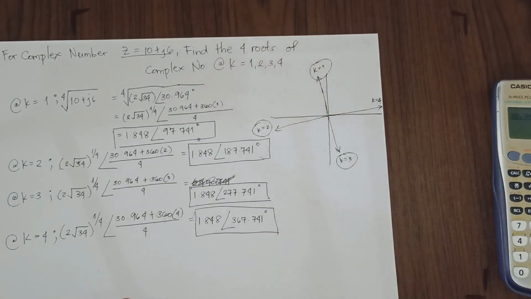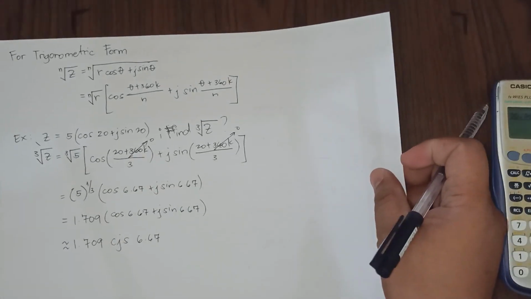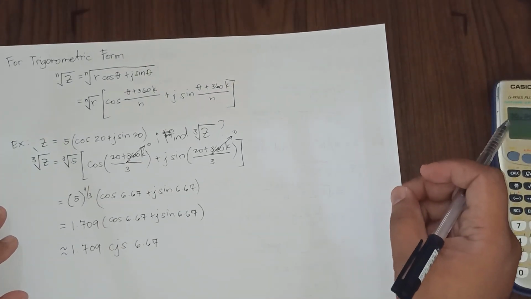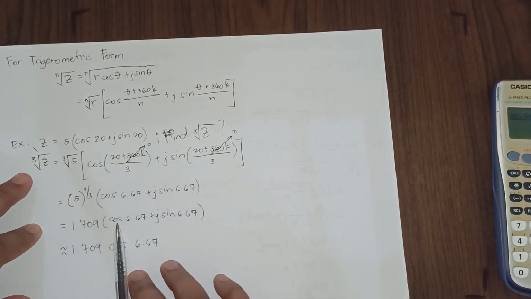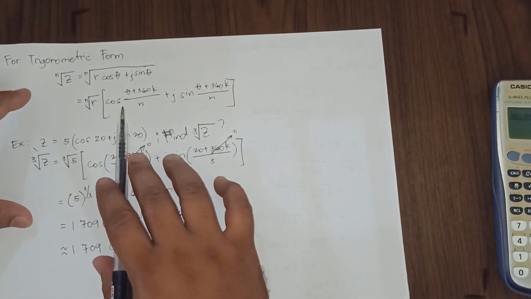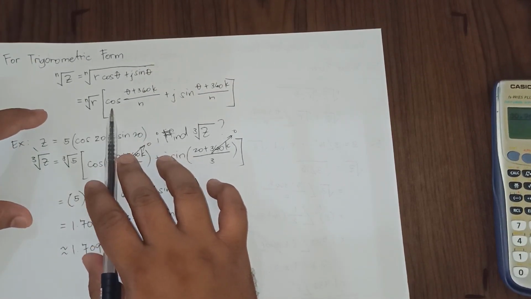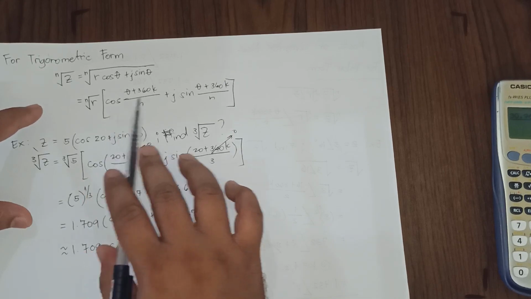The same is true for polar form. For trigonometric form, it is also the same, as I showed you earlier. The system is the same, with 360k expressed in cosine plus j sine.